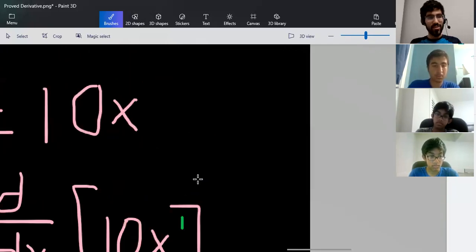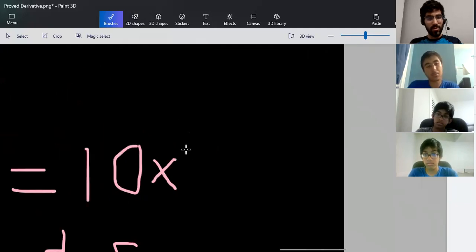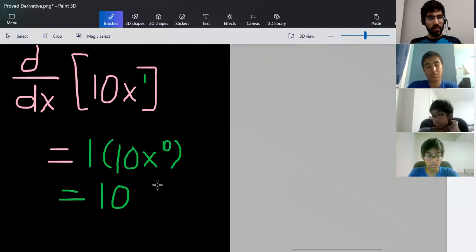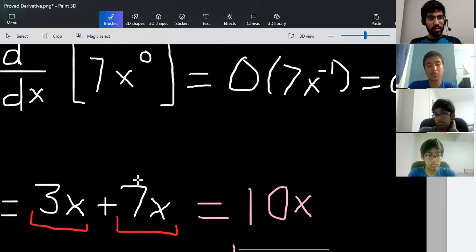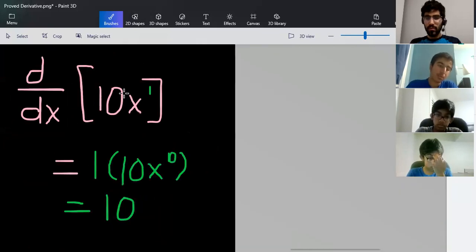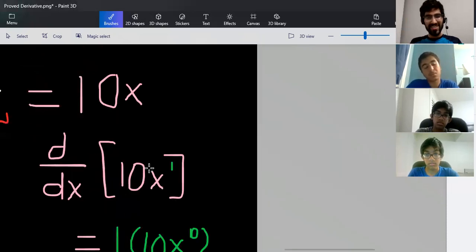Here's what I'm going to do. I'm going to give a little bit of a strange thing. What we did was we took the sum of these things and then took the derivative. So we took the derivative of the sums. What if we took the sum of the derivatives?